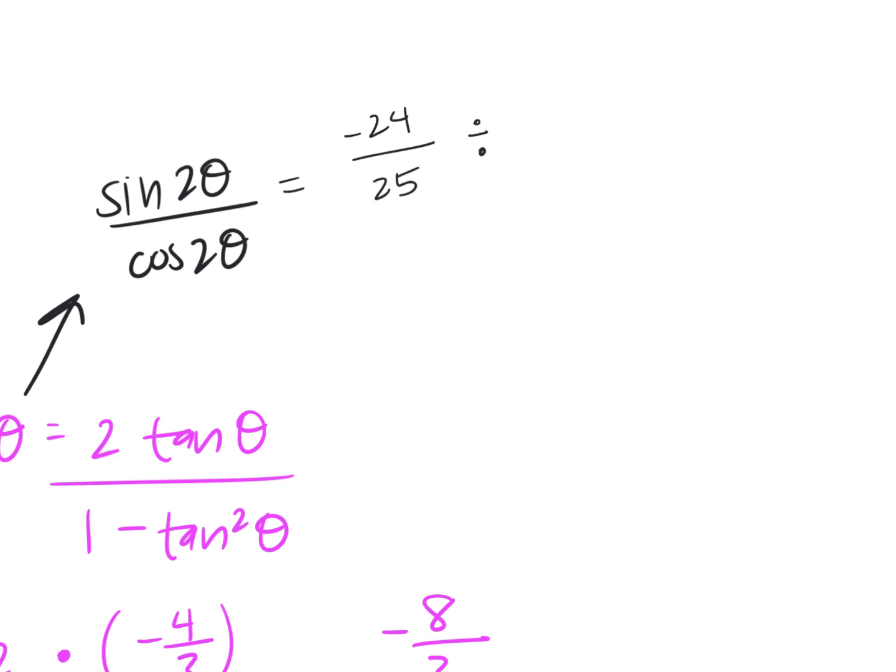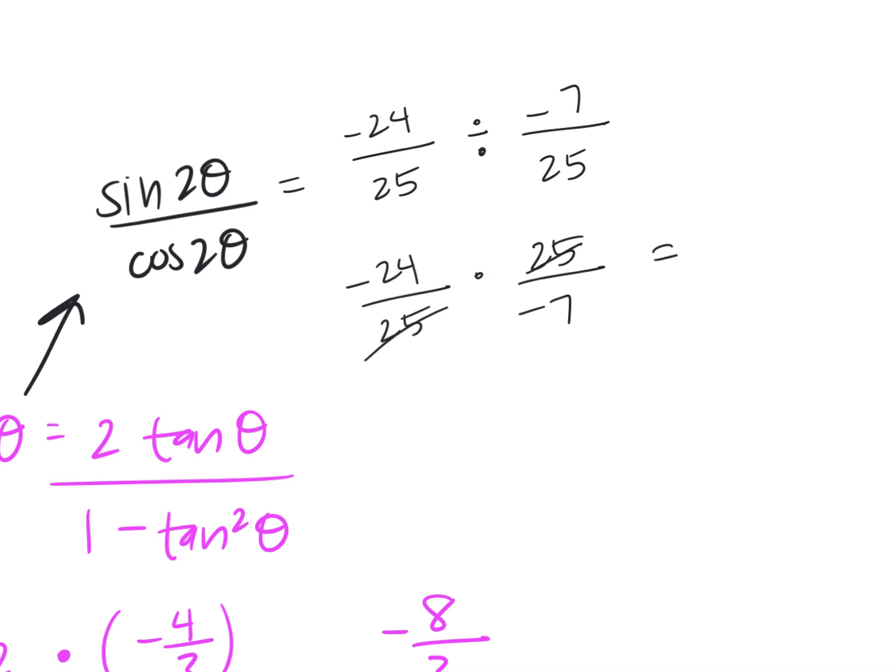And then I'm dividing by my cosine, which is negative 7/25. And if I keep, change, flip that, those 25s go away and I'm left with 24/7, right?